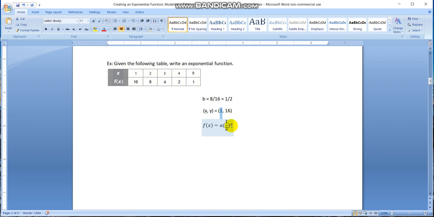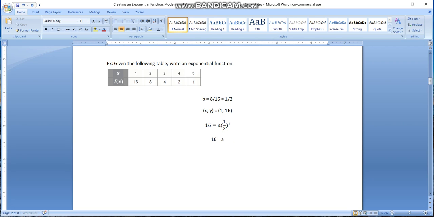X is 1, so this gets plugged in right here. 16 is what gets plugged in for our output. 16 goes right there.